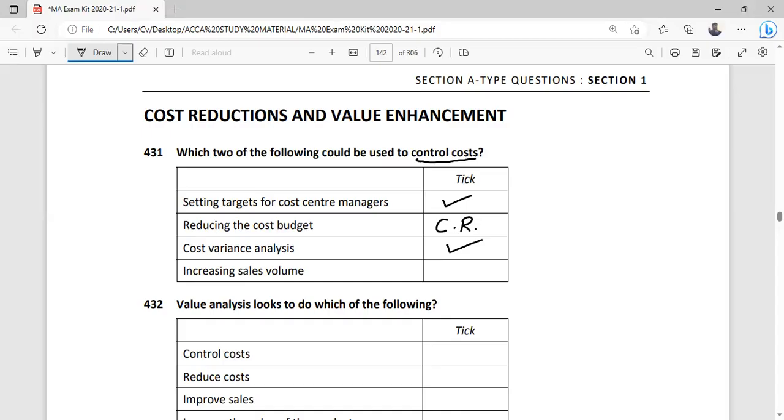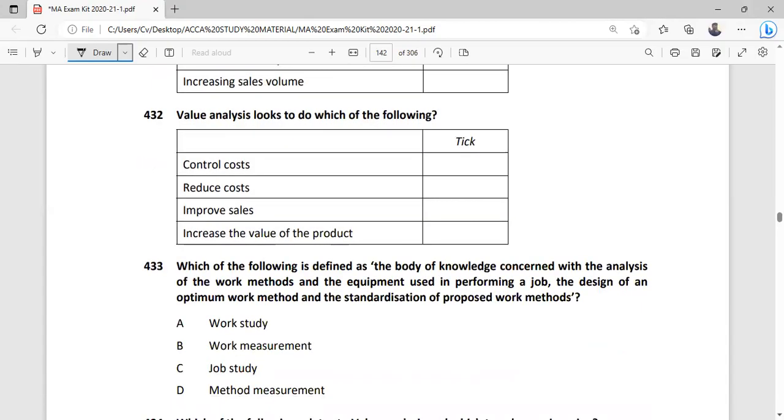Then we have value analysis. Value analysis is basically a concept where we are identifying which of the activities or products are value added and which are non-value added.